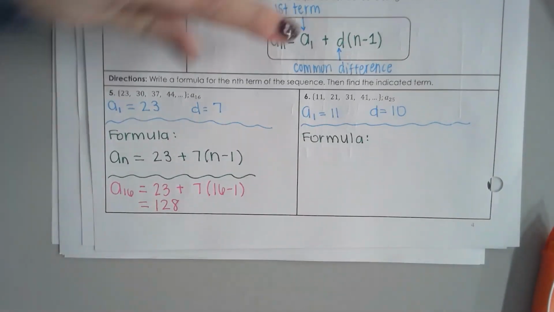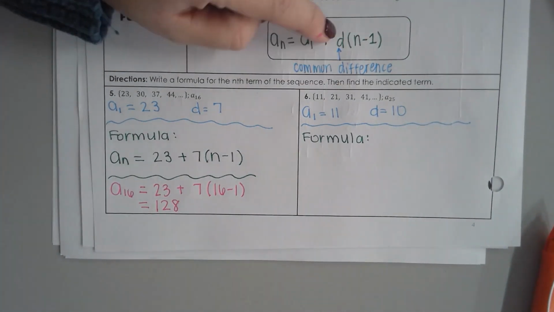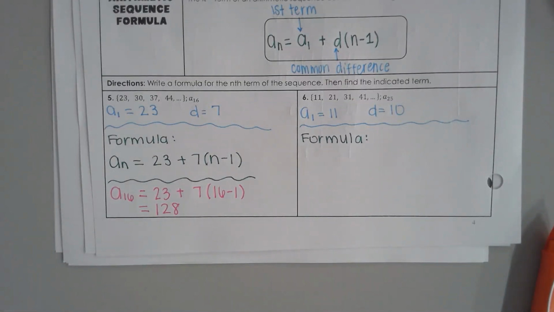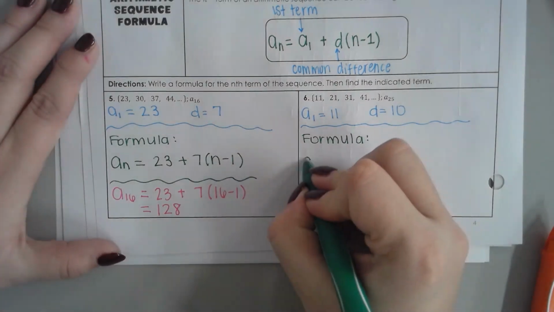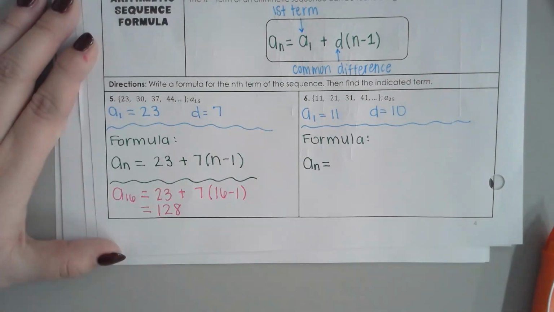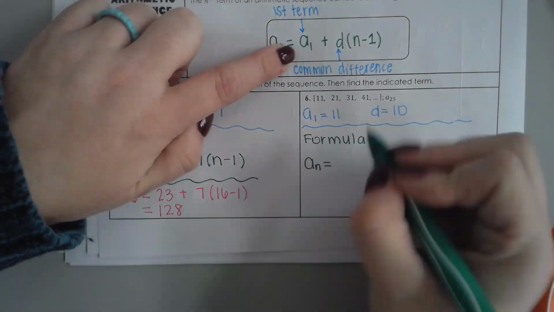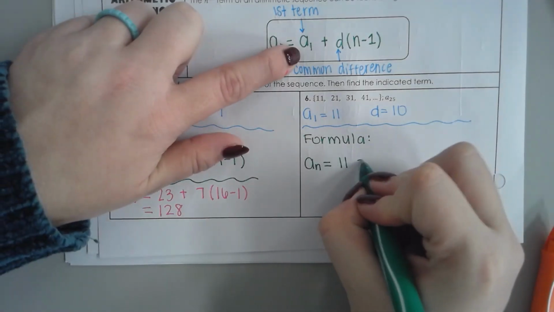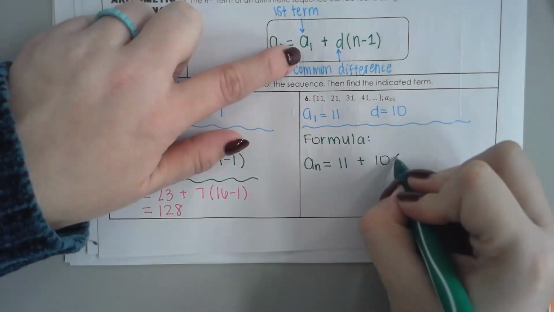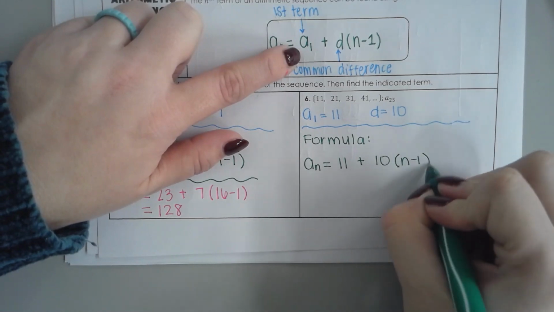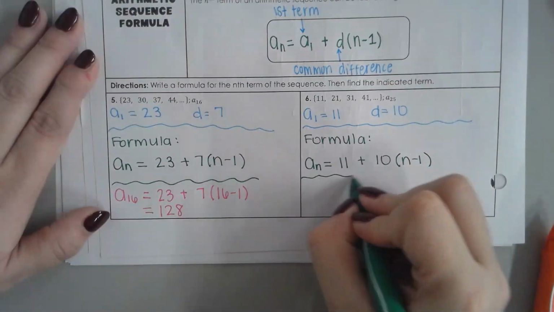And all I'm going to do is fill in the first term and fill in the common difference. And that formula will let us find any term in this sequence. AN equals 11 plus 10, and then I leave N minus 1.